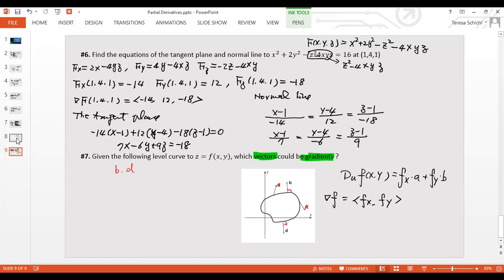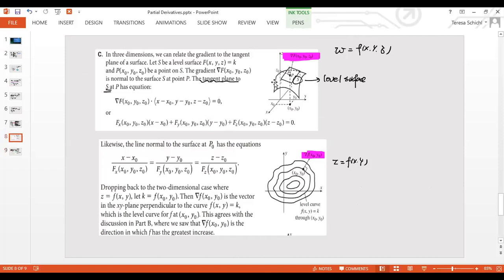So make sure you understand what this graph and this graph mean. Basically, this we just expanded out to the R4 situation. So when you try to find the level surface, you drop back to R3, and then we understand how to find the tangent plane, then how to find the normal lines. The normal line is the direction of the gradient vector.